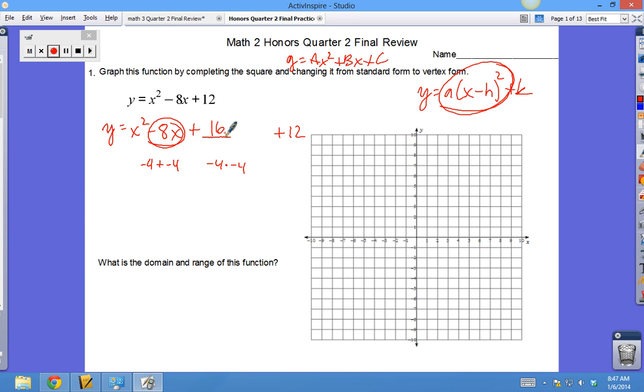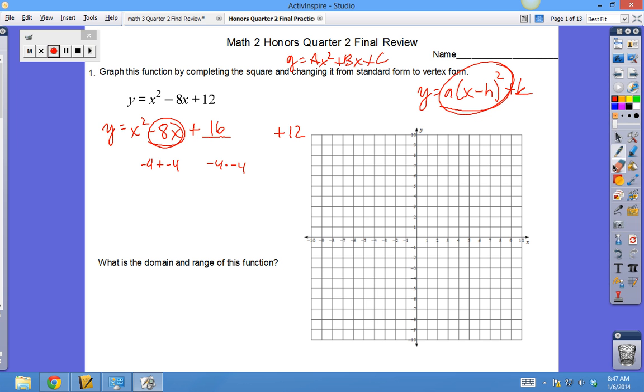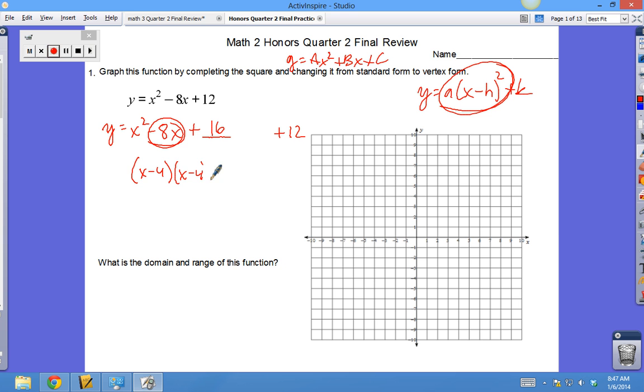So when it is a 16, that's a perfect square because I can factor it, and it's going to factor to (x minus 4) and (x minus 4), which is a perfect square. Anything times itself, so it's going to be (x minus 4) squared. So 16 is the number I want. To figure that out, you cut the b in half and square it.